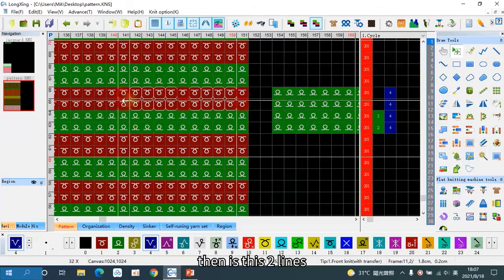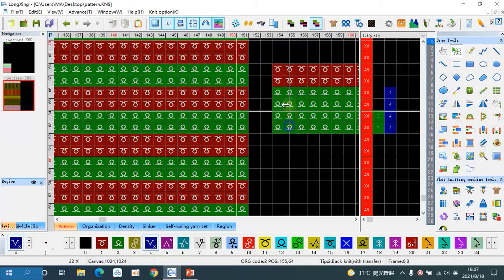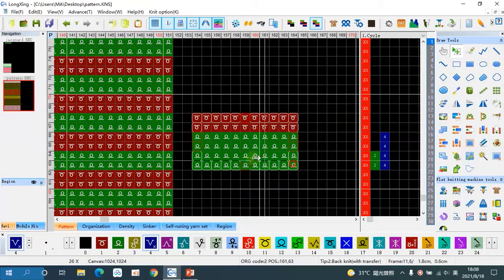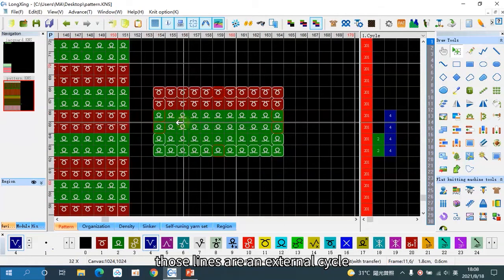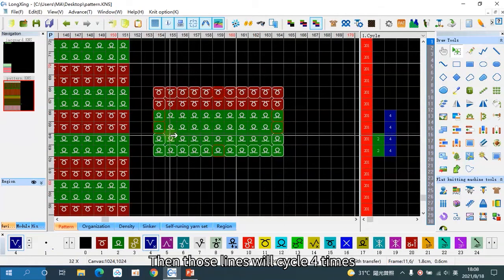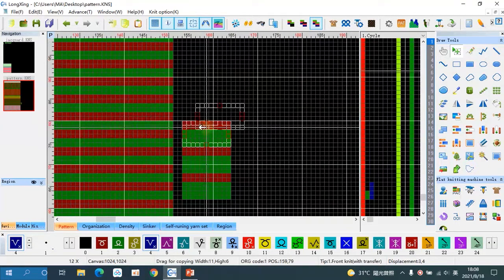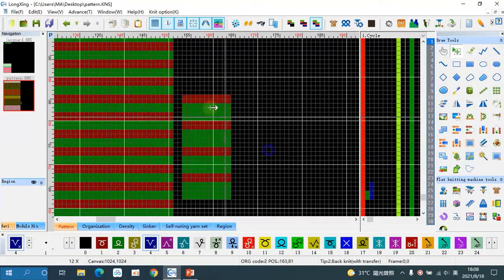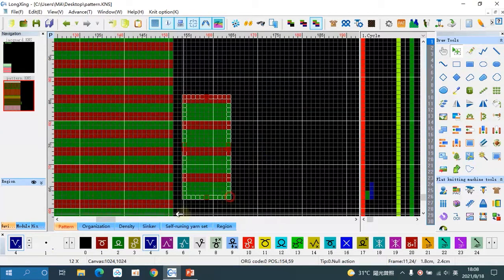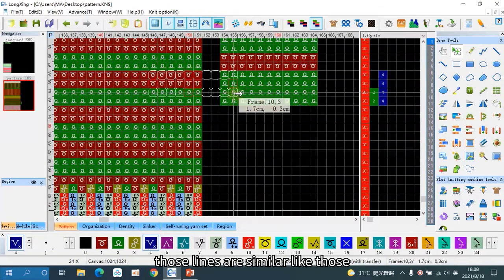Then it's these 2 lines. Those lines are an external circle. Then those lines will circle 4 times. Those lines are similar to those.